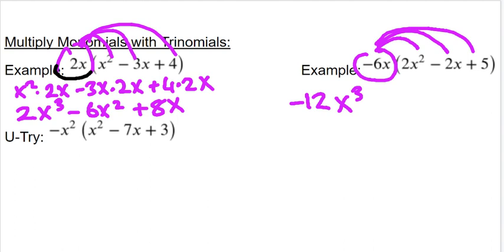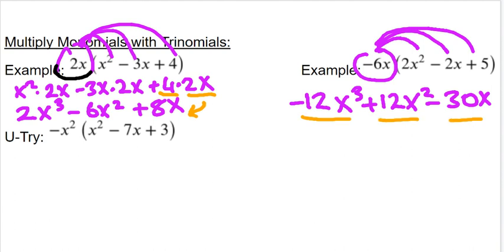Negative 6x times negative 2x is going to be positive 12x squared. Negative 6x times positive 5 is negative 30x. As you can see, you could either write your monomial times monomials and then multiply them, or you can multiply them in your head and get the multiplied result right away.